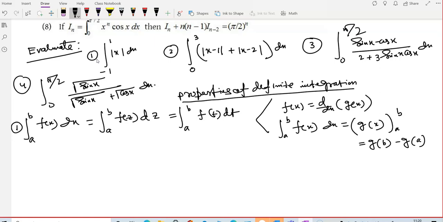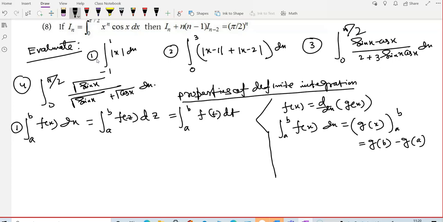Answer is g(b) minus g(a). Okay. So you can see if the variable was t, then also it will be g(b) minus g(a). If the variable was z, in place of g(x), g(z) was there, that also will be g(b) minus g(a).